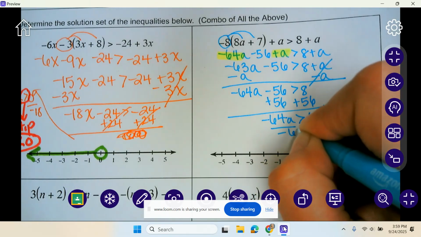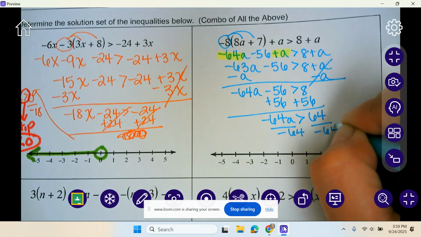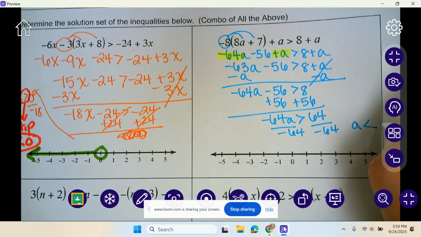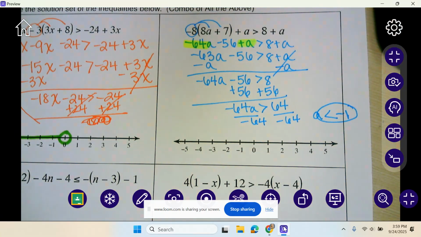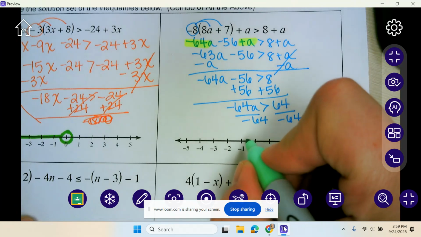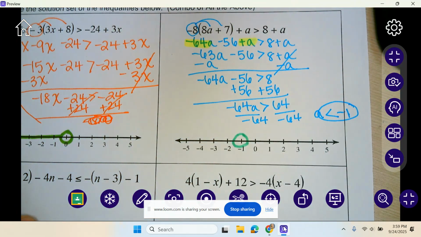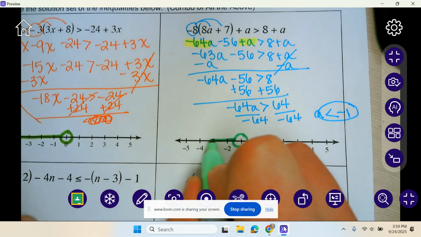Divide by negative 64. A is less than negative 1. Oops, that kind of ran off the page. But it's a is less than negative 1. And then when it comes to graphing, we're going to do an open circle at negative 1. And it's less than. So it's all the numbers to the left.